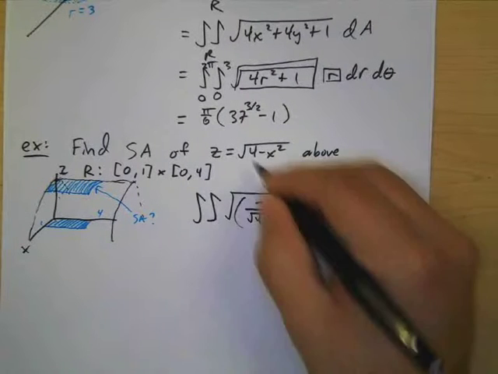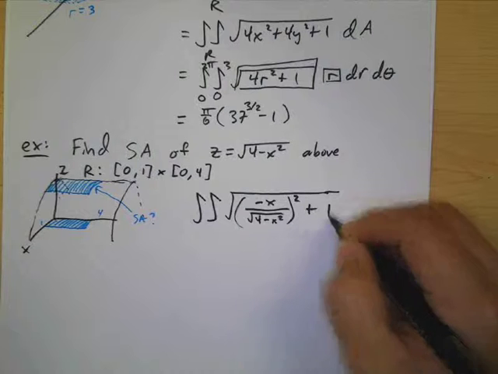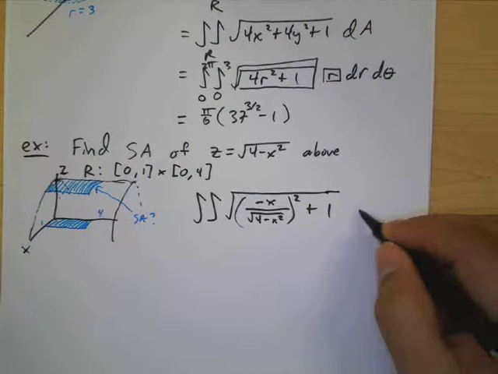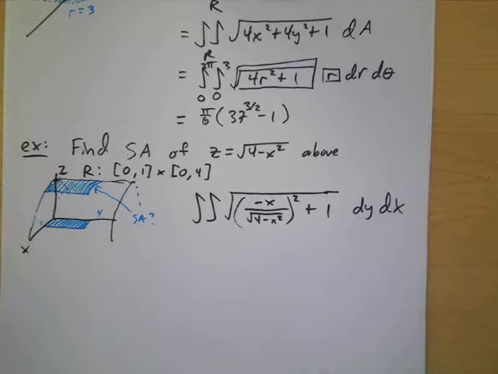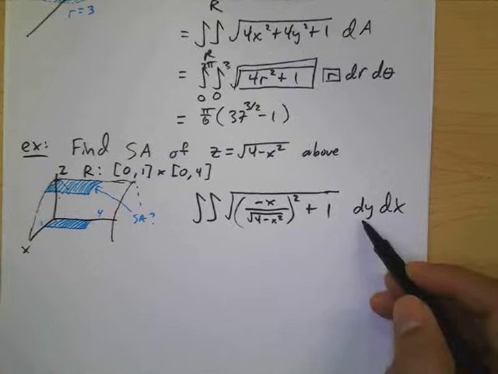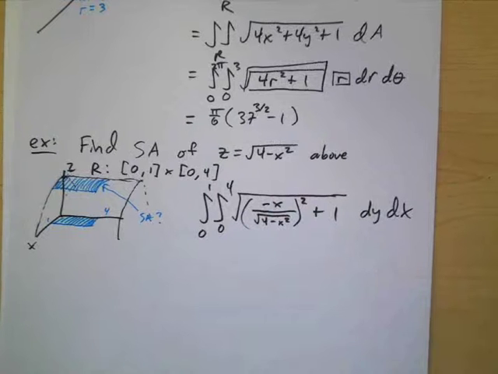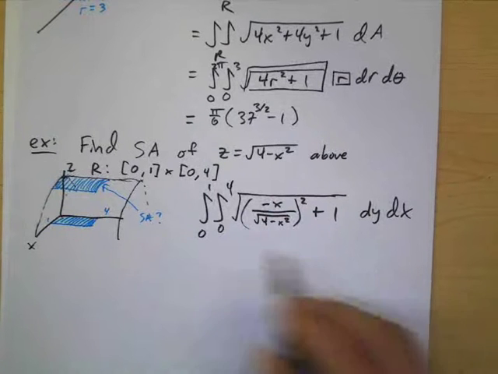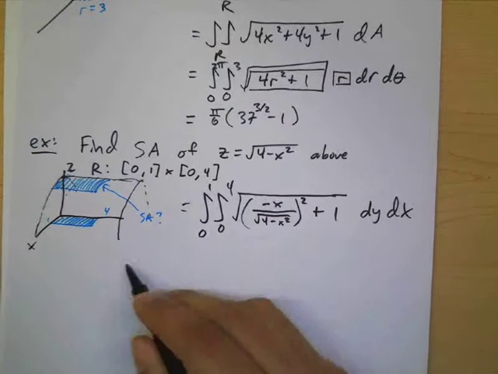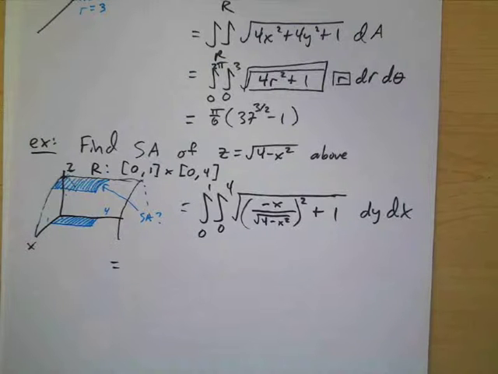There is no y, so that's plus 0 and then plus 1. And we'll go dy dx. And since y is what I put first, it'll go 0 to 4, 0 to 1. Okay, so let's just clean up the integral.